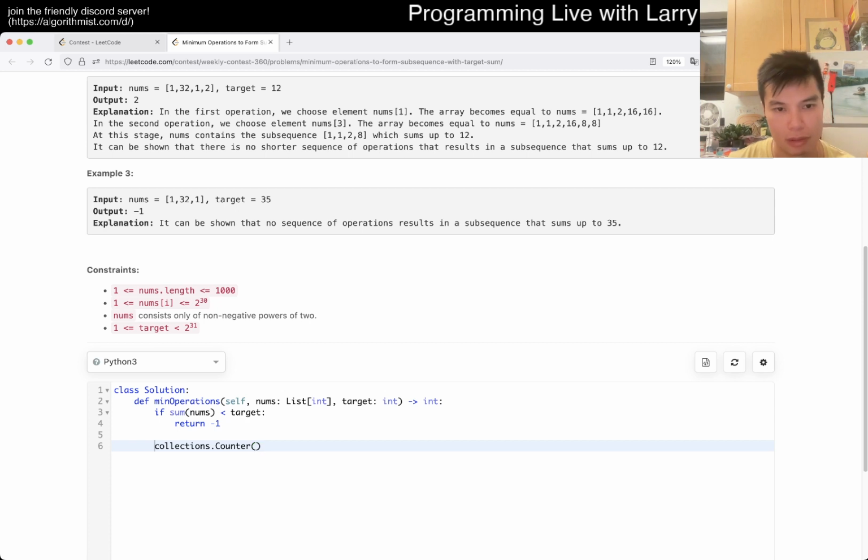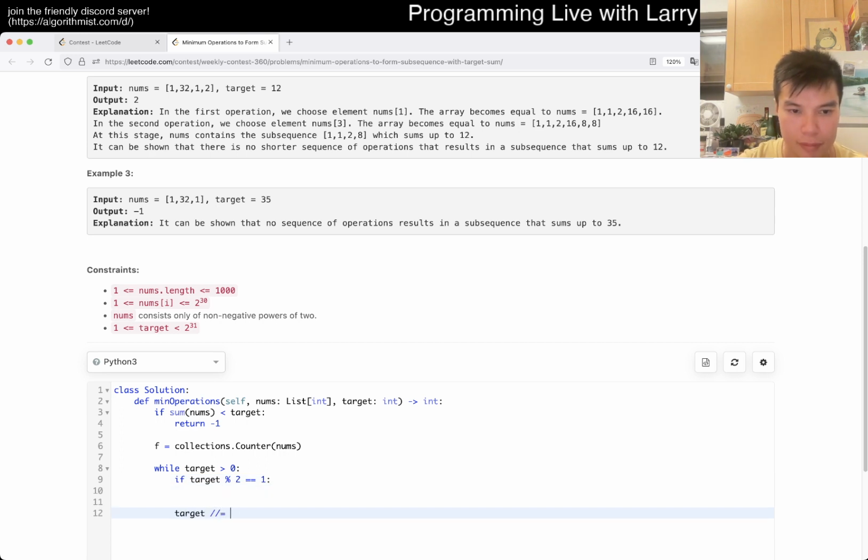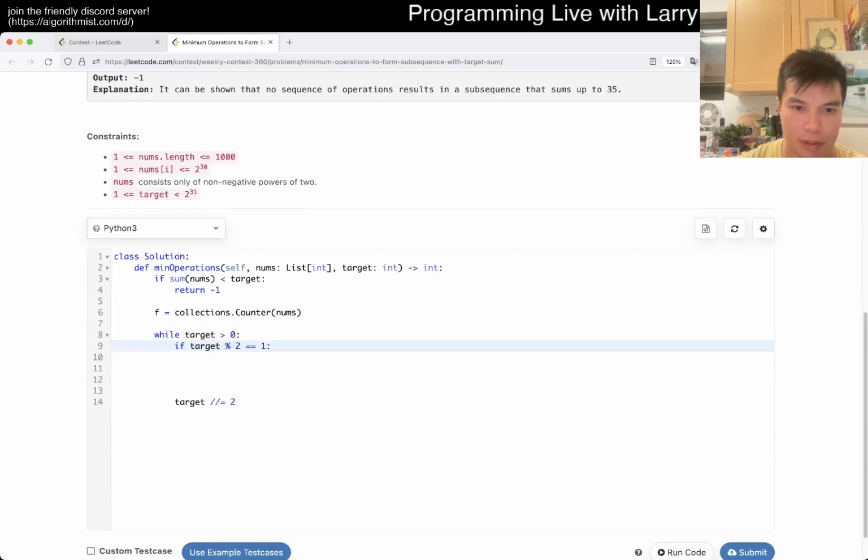Maybe just collections.com. No, for okay, if this is unit 1, then we get this smallest number that's bigger than it.